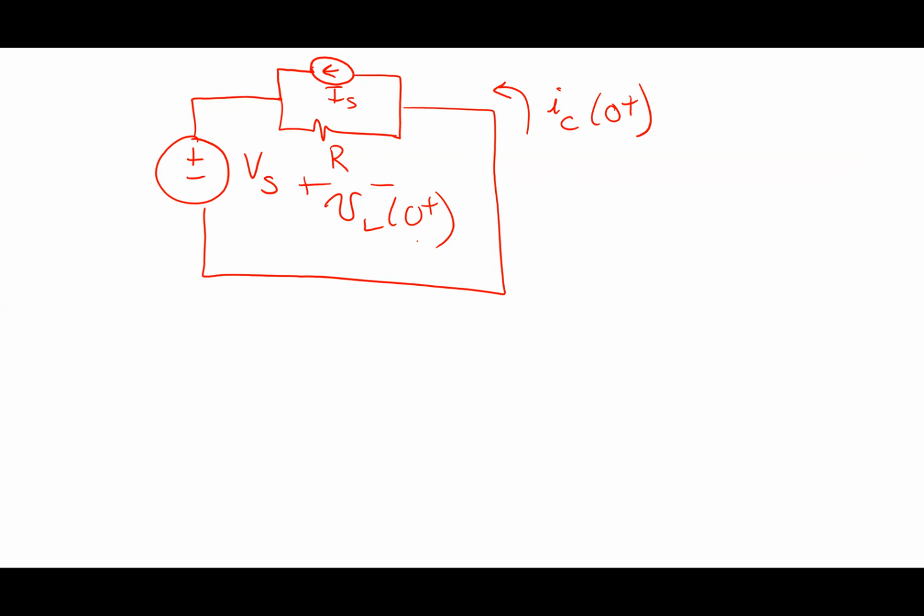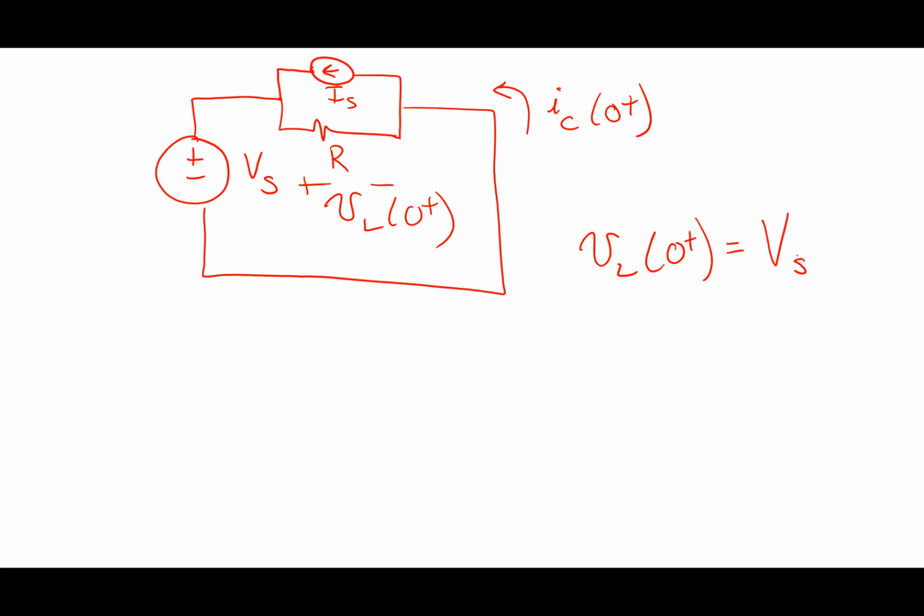So let's say I want to find V sub L of 0 plus. Just do a KVL to tell me V sub L of 0 plus. What does that have to be? What's the voltage across the inductor? V sub S. Yes, it's that voltage source.